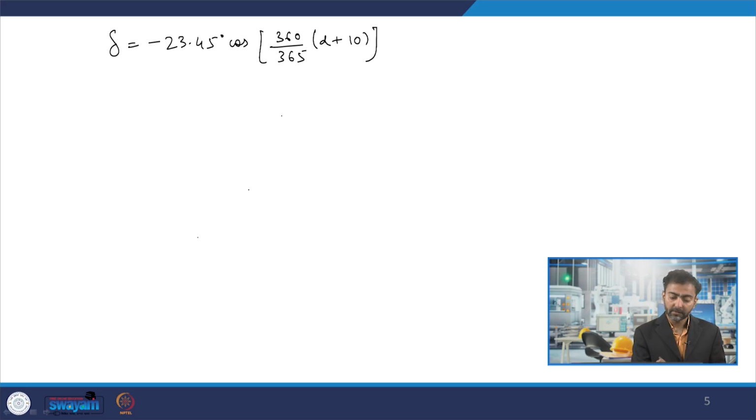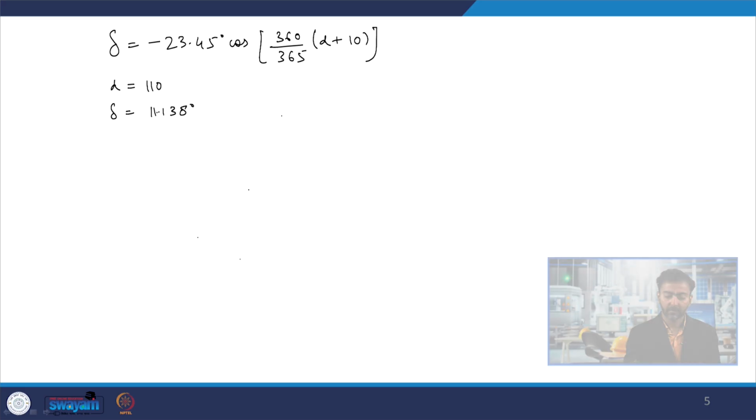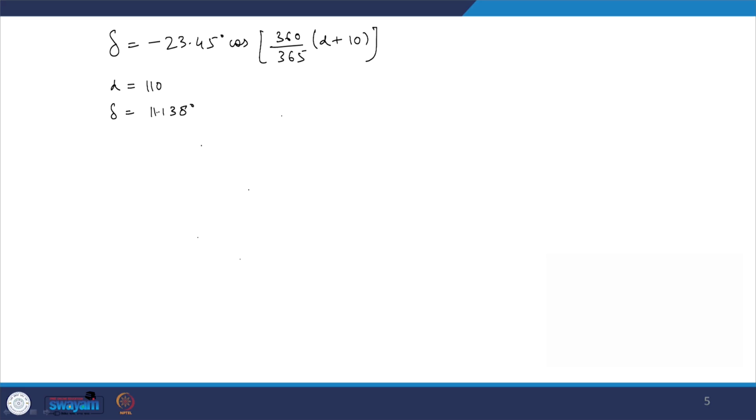In our problem, as we just now noted, d comes out to be 110. If you substitute in this equation, you get the value of delta as 11.138 degrees.